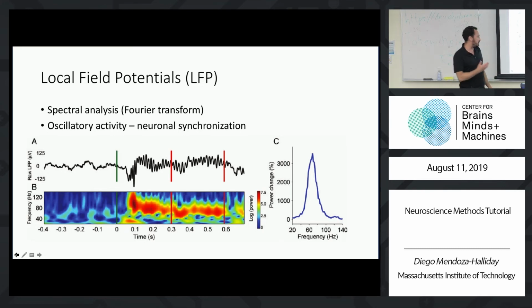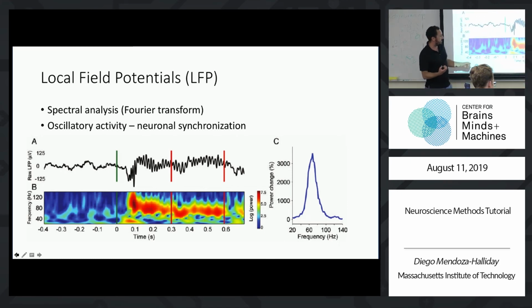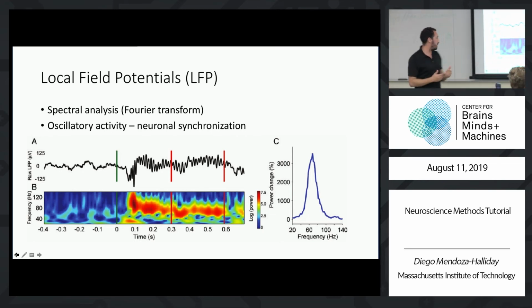One way to represent that over time is with a spectrogram like this, where you have frequency in one axis, time in another axis, and your color axis represents the power at each frequency. So at 80 hertz, you have low power, and at some point the power at that frequency increases. That particular frequency starts to increase in amplitude, and that tells us about the different components that might be occurring in that signal at the same time.